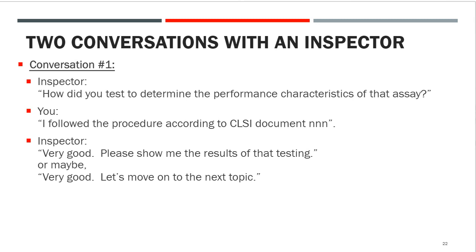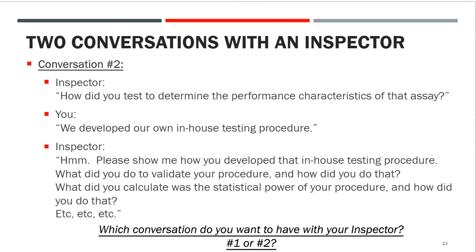Conversation number 2 is a little bit different. The inspector still starts by asking, how did you test to determine the performance characteristics of that assay? And you say, well, we developed our own in-house testing procedure. Well, that just opened up a can of worms, because the inspector is going to respond with, please show me how you developed that in-house testing procedure. How did you validate it?